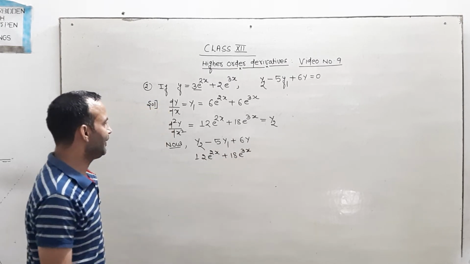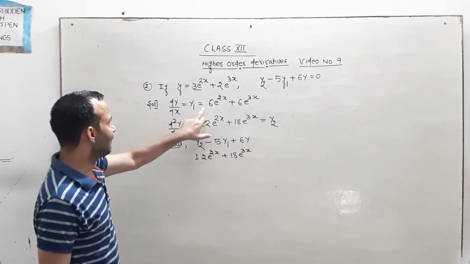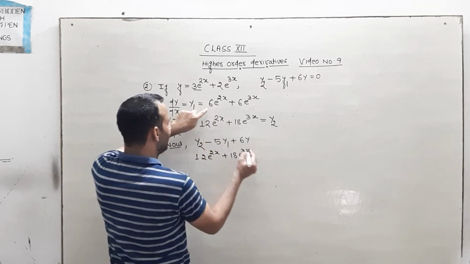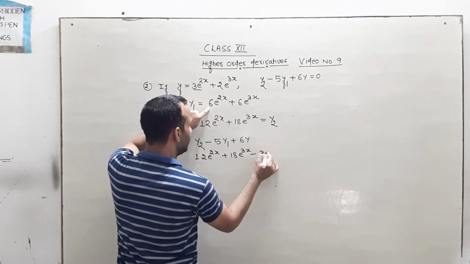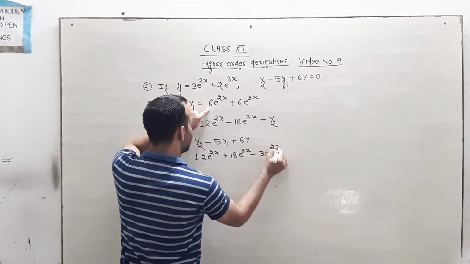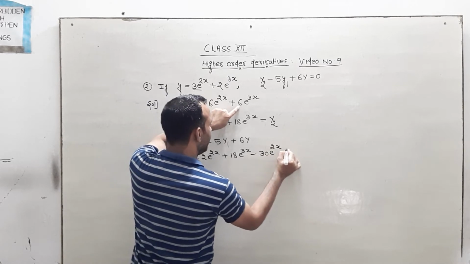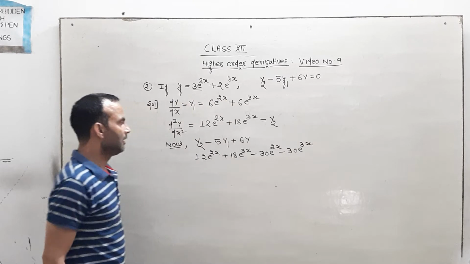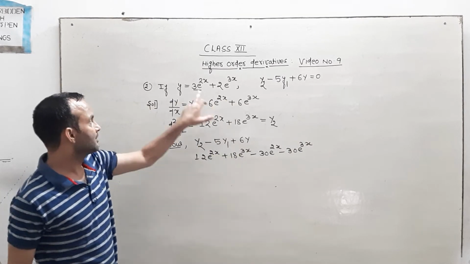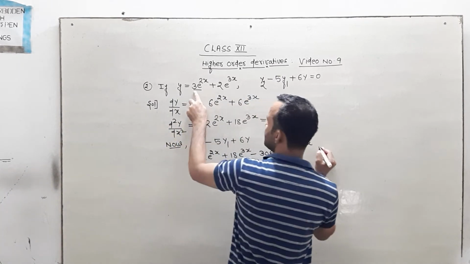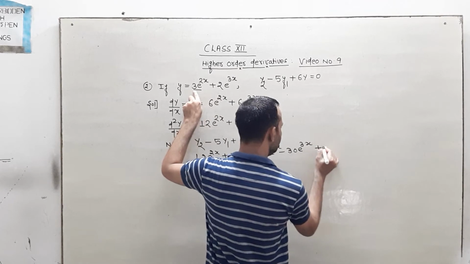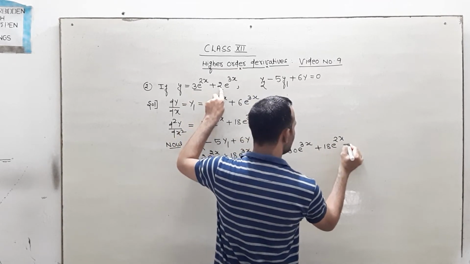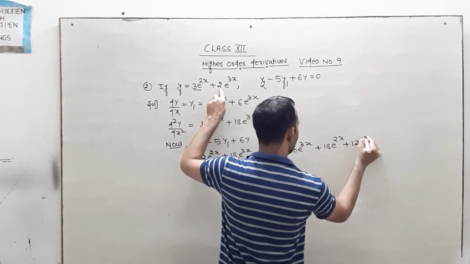Minus 5 times of y1: 5 6s are 30, so minus 30 e raised to the power 2x minus 30 e raised to the power 3x, plus 6 times of y. 6 times of y means 6 3s are 18 e raised to the power 2x plus 6 2s are 12 e raised to the power 3x.